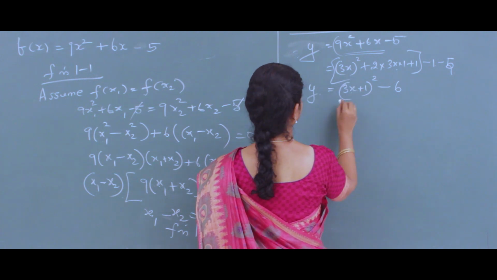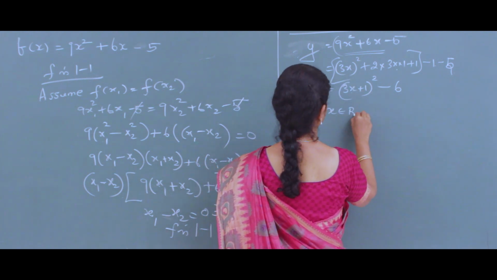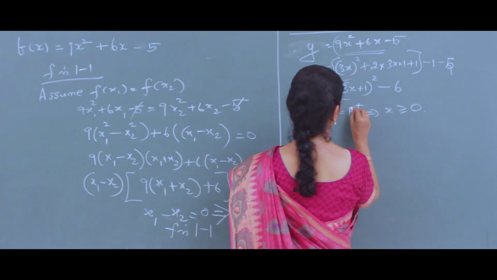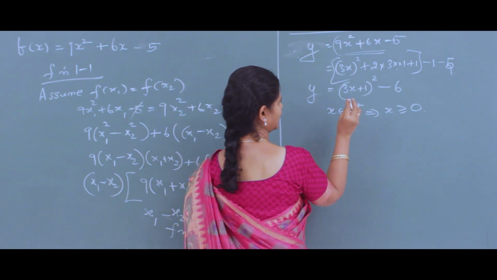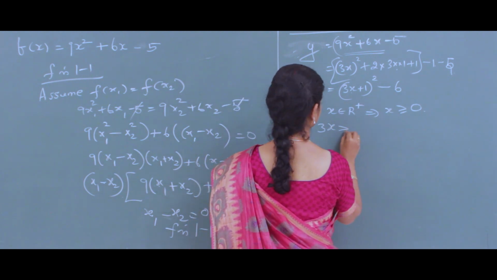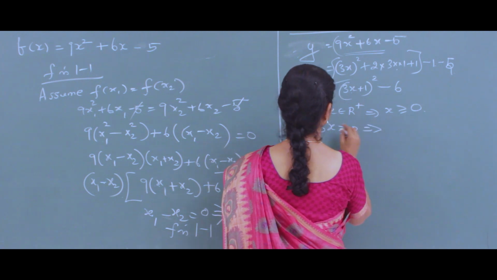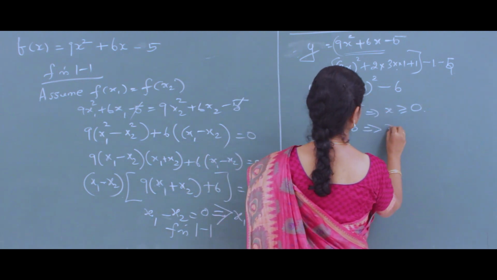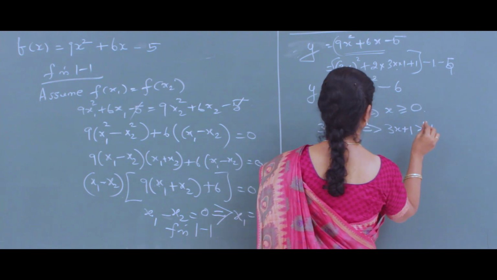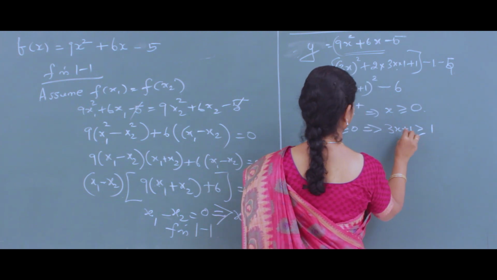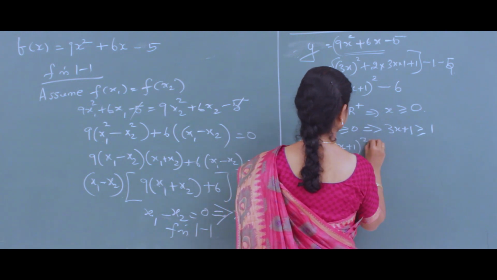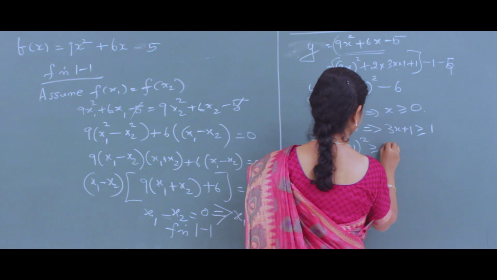Now what about x? x is in R plus, therefore x is greater than or equal to 0. So x takes only the positive elements. So 3x is greater than or equal to 0. Next, 3x plus 1 is greater than or equal to 1, adding 1 on both sides. Next, squaring, what do we get? (3x plus 1) the whole square is greater than or equal to 1 square, that is 1.